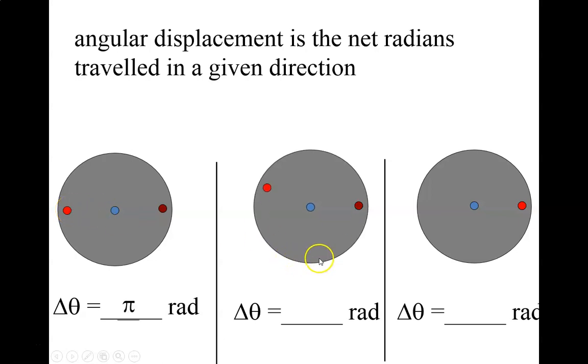Here we've got 3 pi radians. And here, what would the actual displacement be? Well, technically the displacement is 2 pi radians, because it backtracks a little bit.